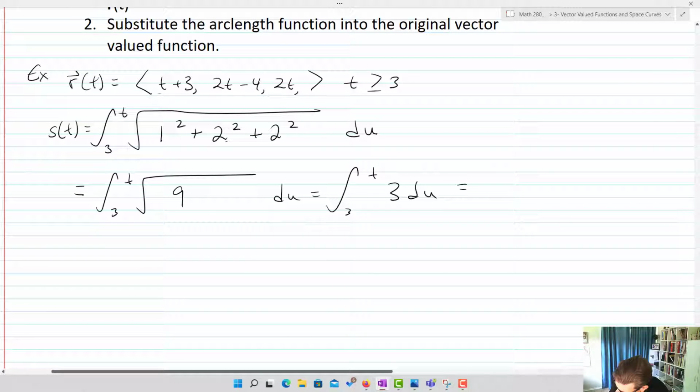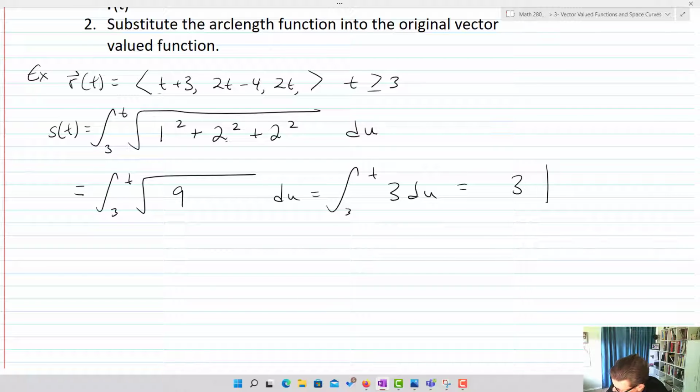This will then give me 3u evaluated from 3 to t, which is equal to 3t minus 9. So s is going to equal 3t minus 9.